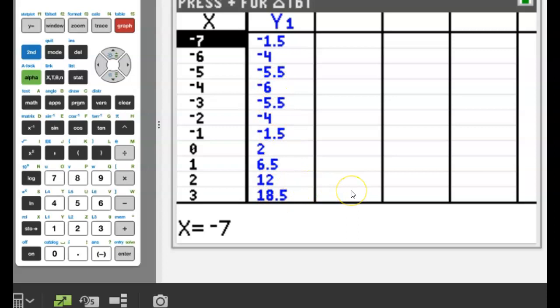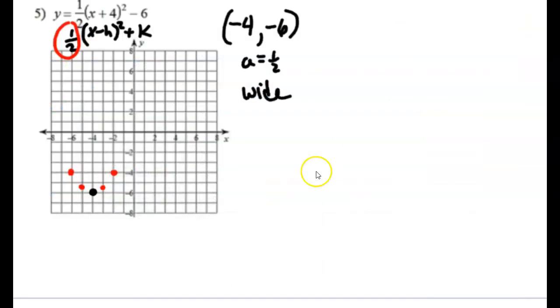Does the y ever equal 0? They're not nice, okay? But there's the shape. The axis of symmetry, just to practice some of this, is x equals -4.